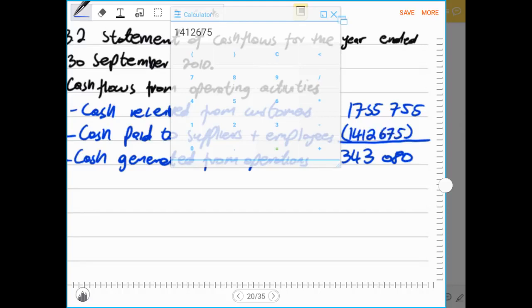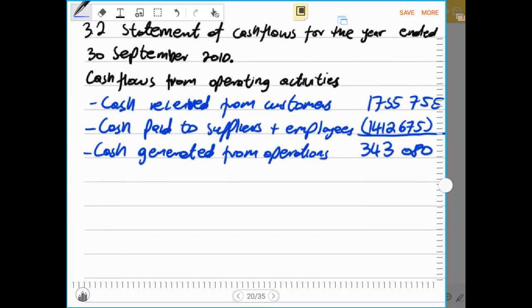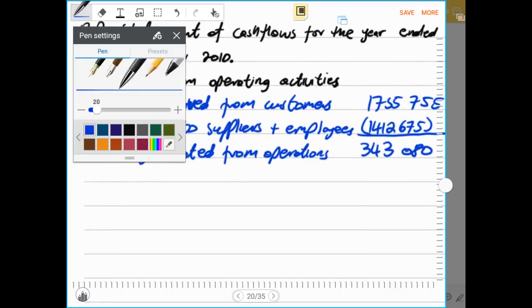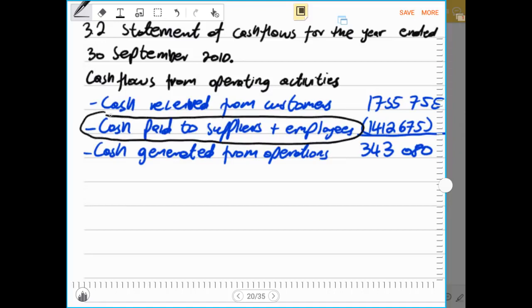That will be our cash paid to suppliers and employees. If you are a second year student, this will be a note that you will do in your third year. Cash paid to suppliers and employees will be a third year note for those who are doing second year.